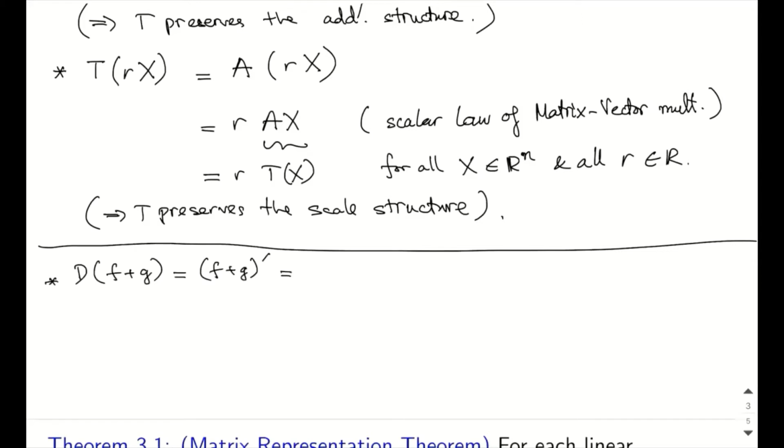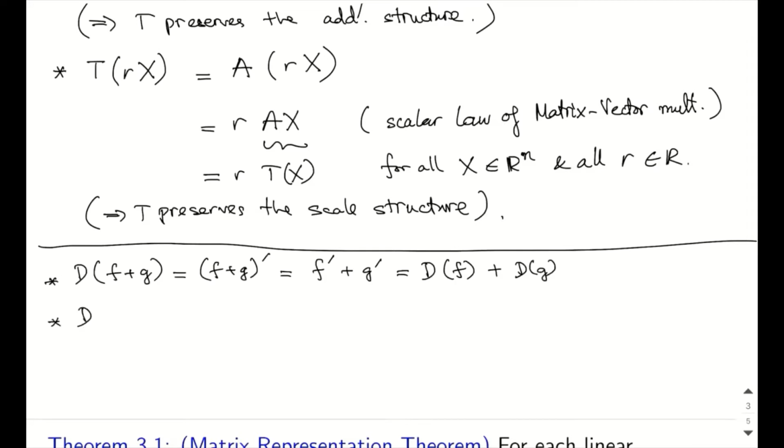But you know that the derivative of the sum is the sum of two separate derivatives. And the derivative of f is actually D of f. The derivative of g is D of g. And so we have successfully proven the addition property here, right?